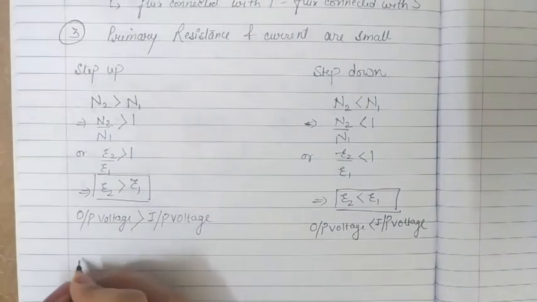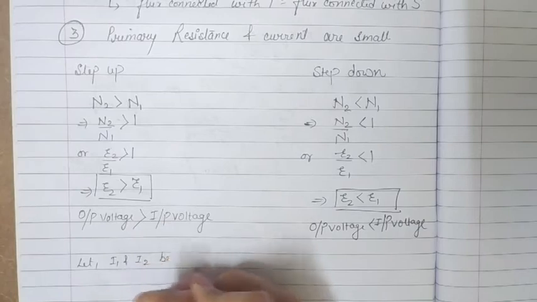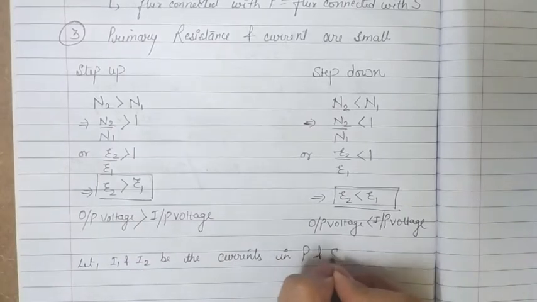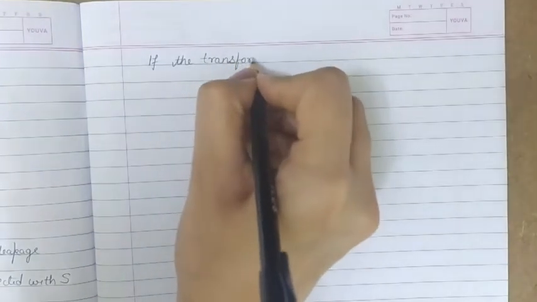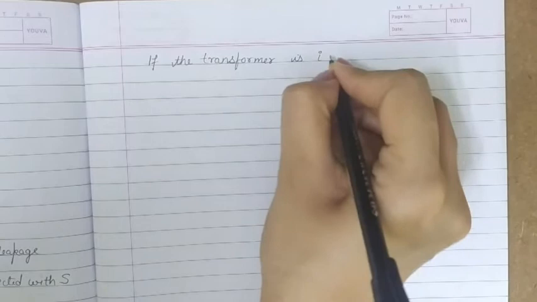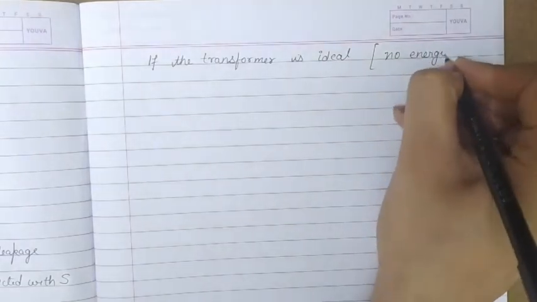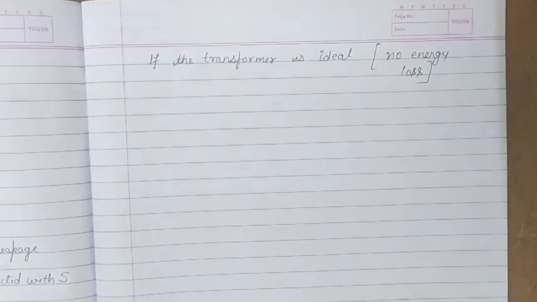So we assume that I1 and I2 are the currents in the primary and secondary coil respectively, and the transformer that we are using is ideal. Ideal means that no energy loss is present.